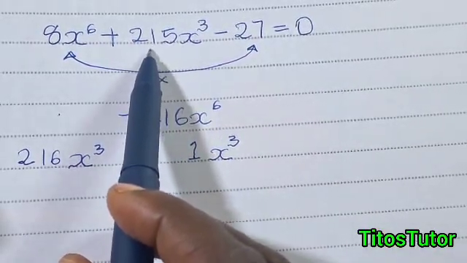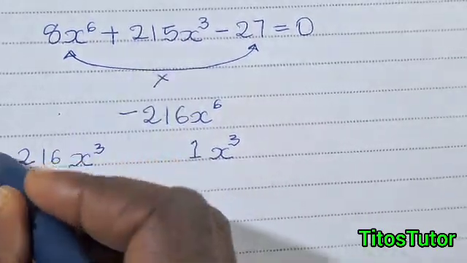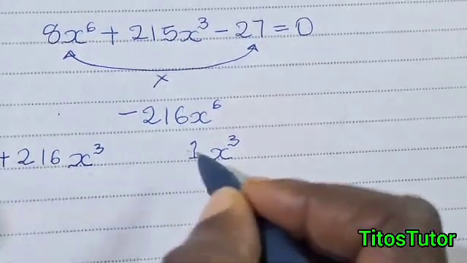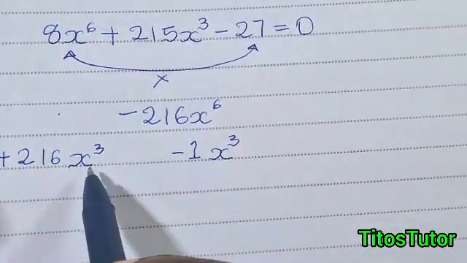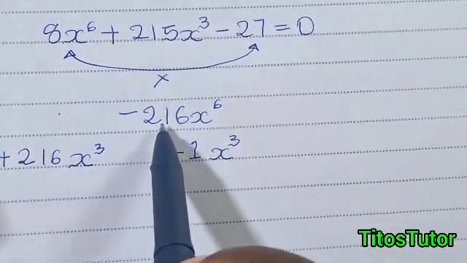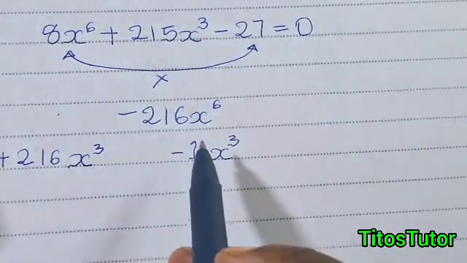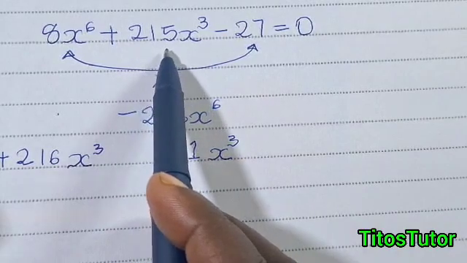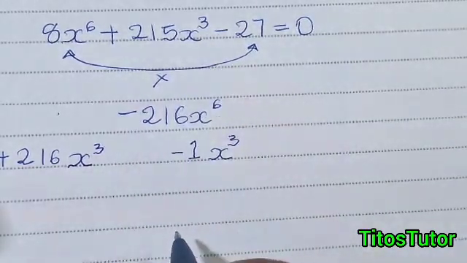And the coefficient of x cubed is a positive number. So the bigger number is positive and the smaller one is negative. So these are the two factors of negative 216x cubed that will give you positive 215x cubed when you add them together.